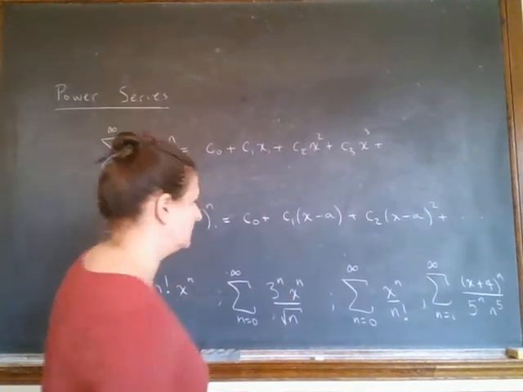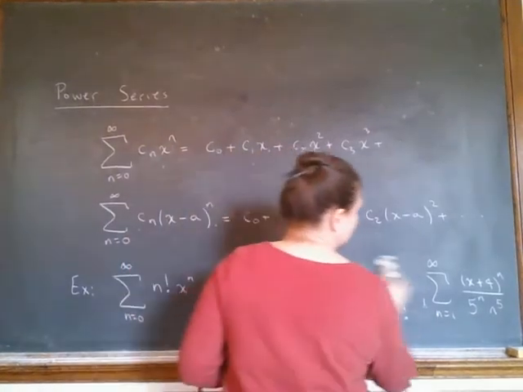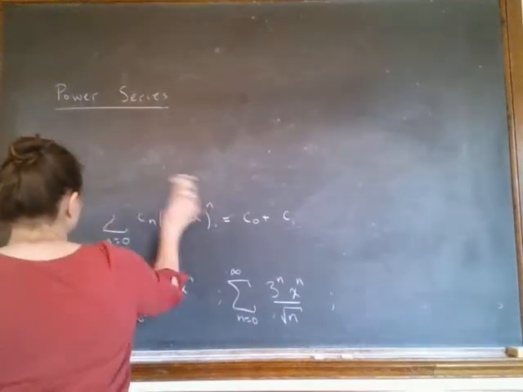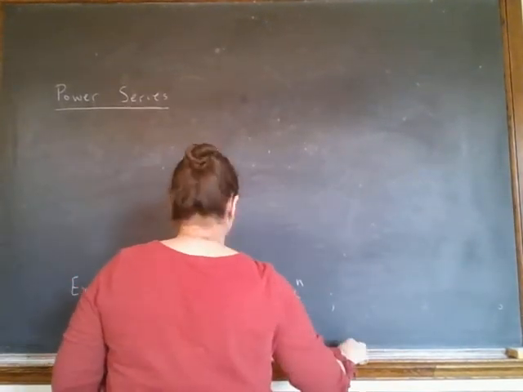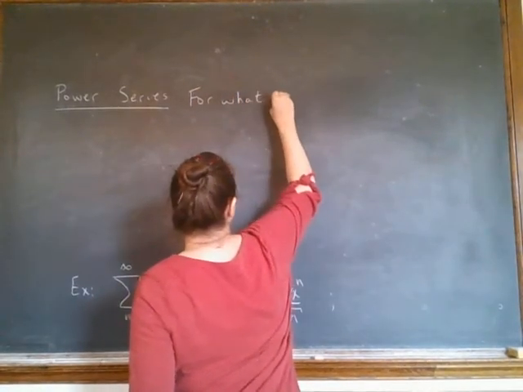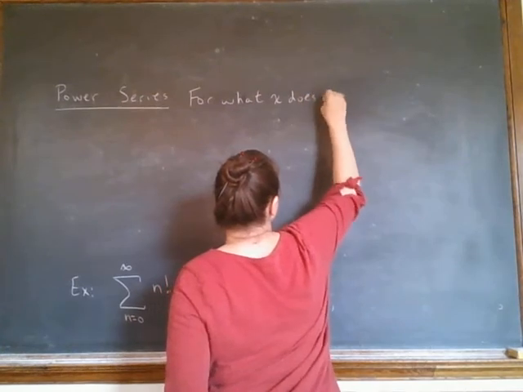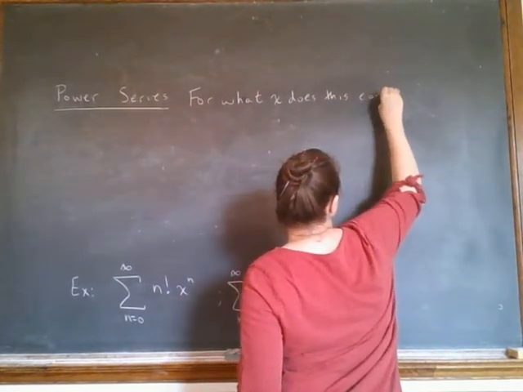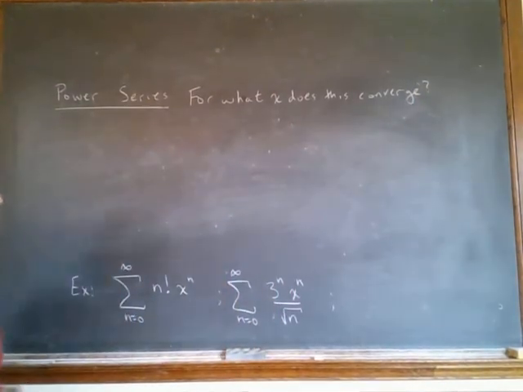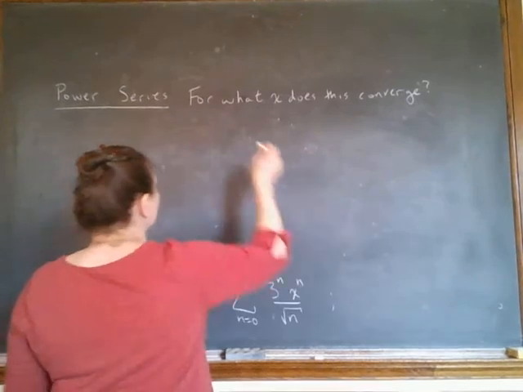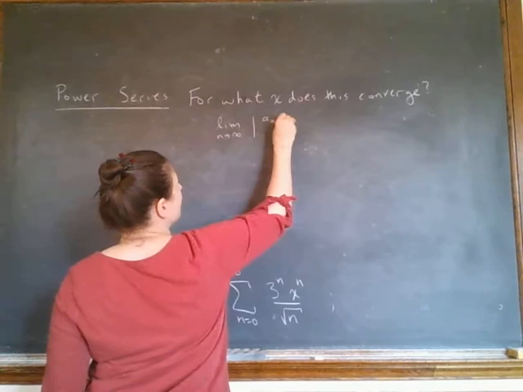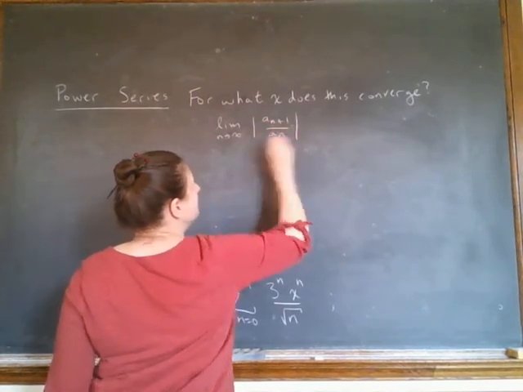So let's see how this works. Now let's start with these first 3 examples. And remember the question that we're asking here: for what x does this converge? Using the ratio test, we're going to take the limit as n goes to infinity of a sub n plus 1 over a sub n.